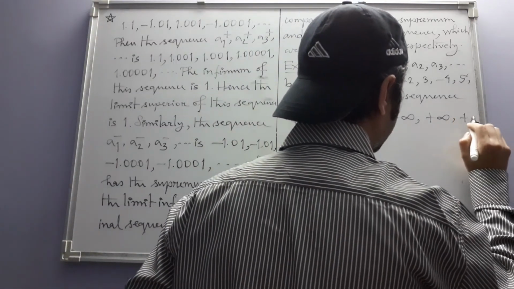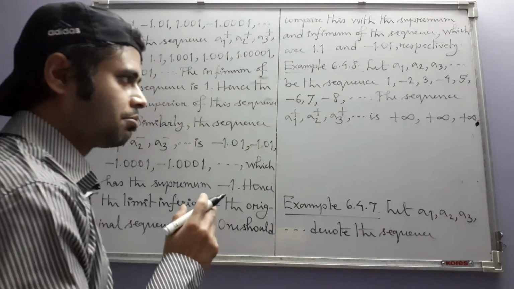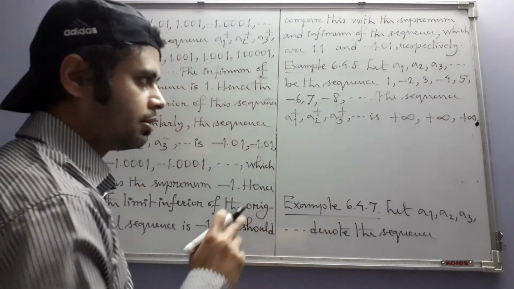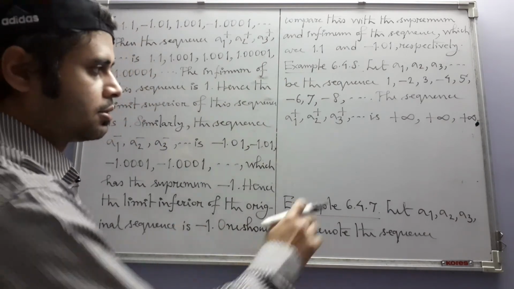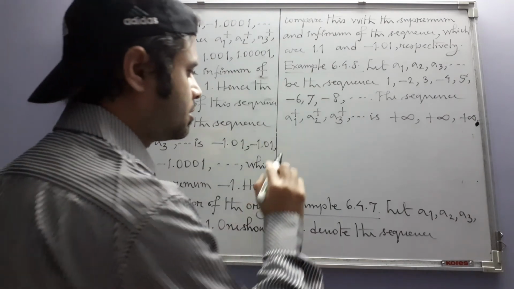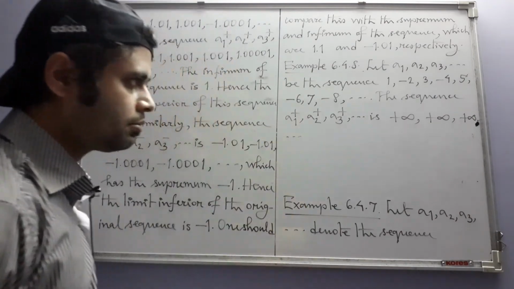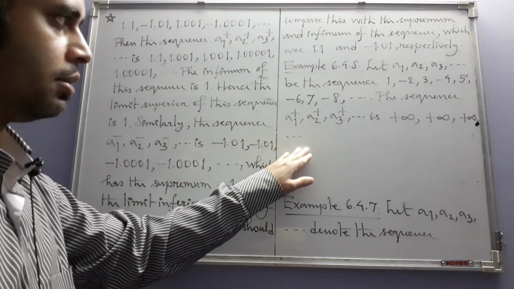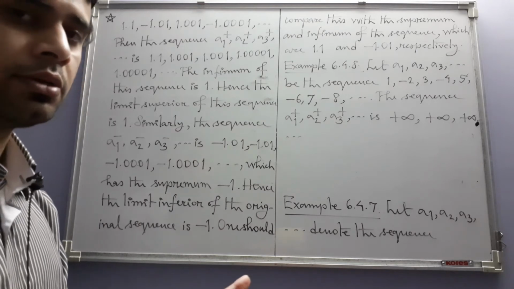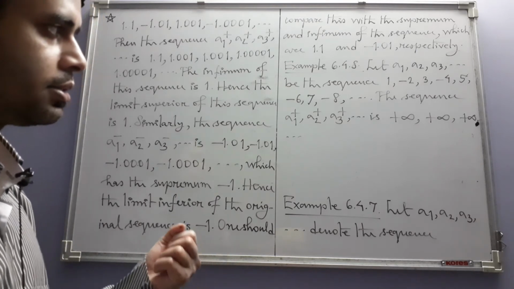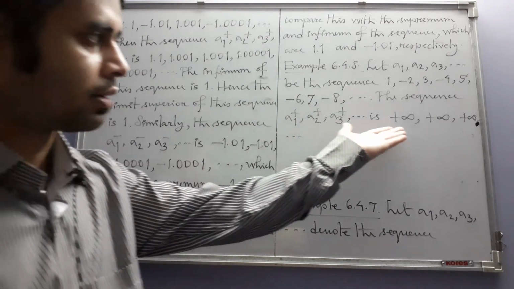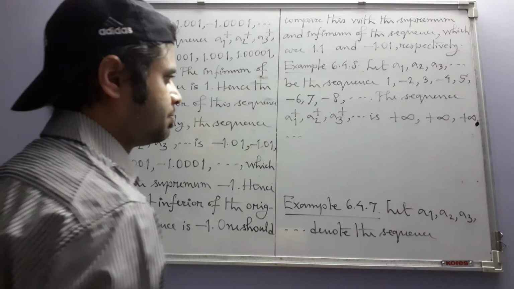So you can see that there is no getting rid of these positive odd integers, and as such the sequence of suprema is a constant sequence which has all the terms equal to plus infinity. And this makes you realize one more thing, that the sequence of suprema in general is actually not a sequence of real numbers. It's a sequence of extended real numbers. This is one example where none of the terms is a real number.